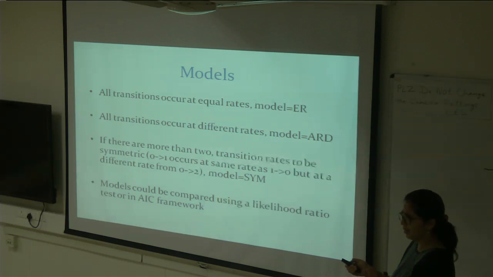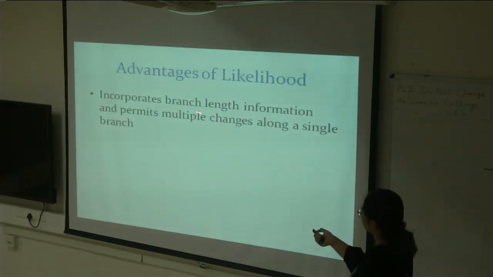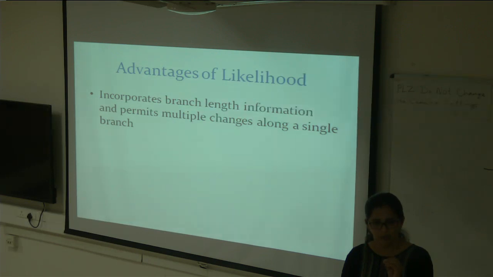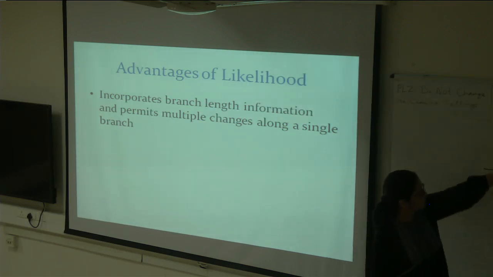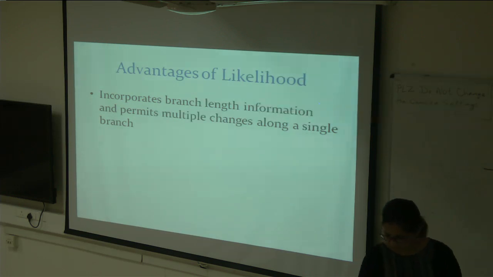Is that clear? So it incorporates the branch length and operates exactly the same way as model of sequence evolution, because you are also interested in reconstructing the state here and here by incorporating branch length.